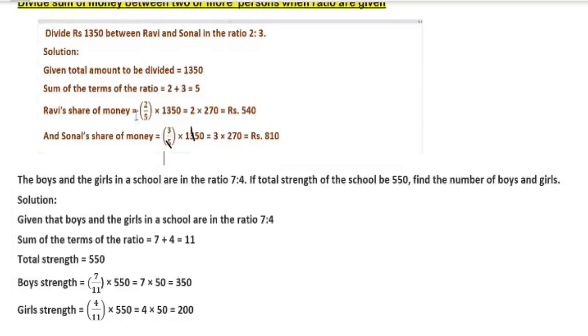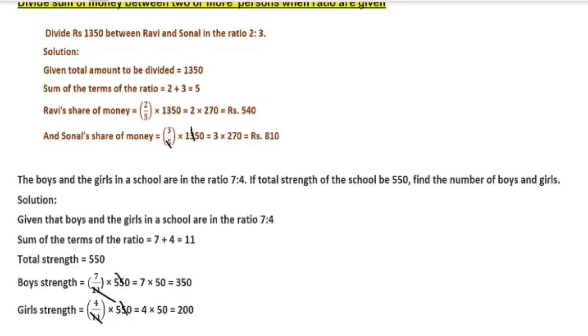Here 550 and 11, you can cancel, so you will get 50, then multiply it, you will get 350 here, and here you will get 200, and you can add both, so you can find the total strength of the school, that is 350 plus 200, that is 550.